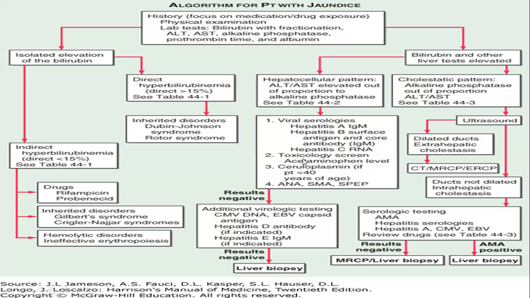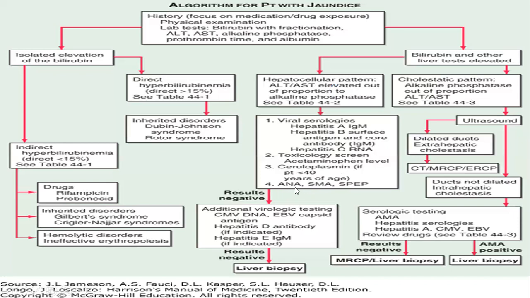Another cause of ALT and AST elevation compared to ALP is found in the toxicology screen, no, such as acetaminophen toxicity, okay? Or we also determine ceruloplasmin levels. And another is antinuclear antibodies, okay?